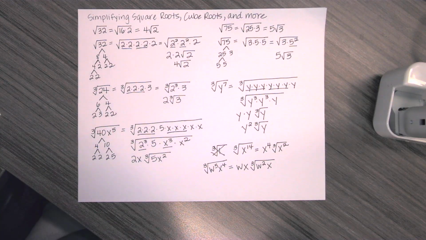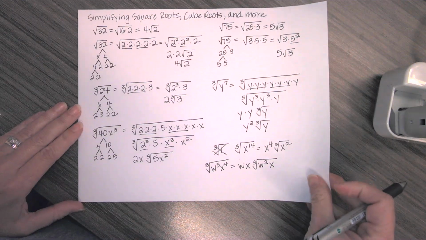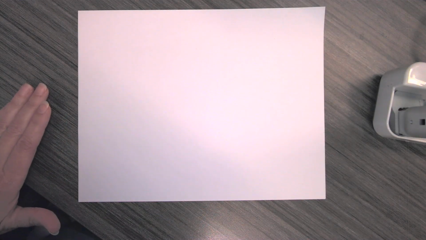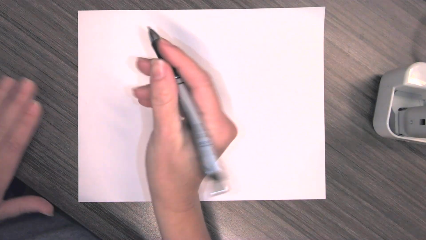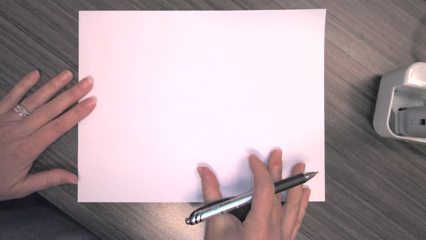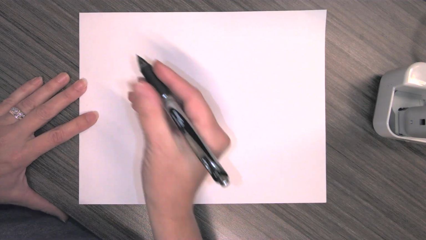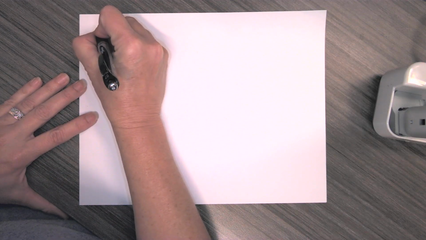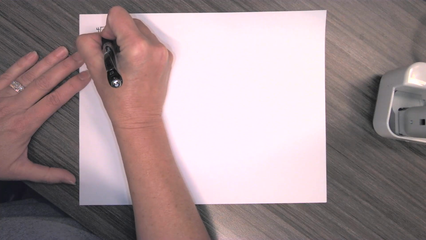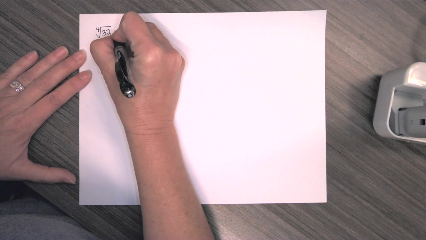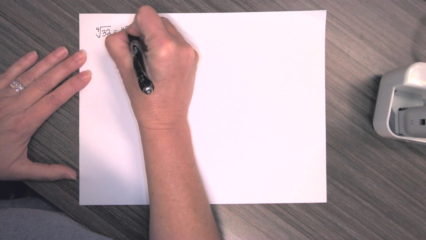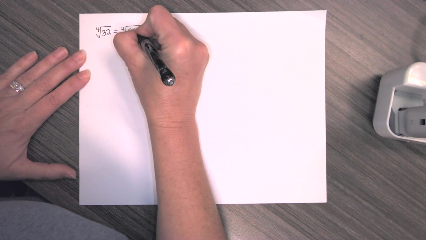Okay, this is the same for 4th roots, except we're looking for groups of 4, because groups of 4 would be something we could take the 4th root of. So let's start with 32. Now we already did the prime factorization of 32 just a minute ago.